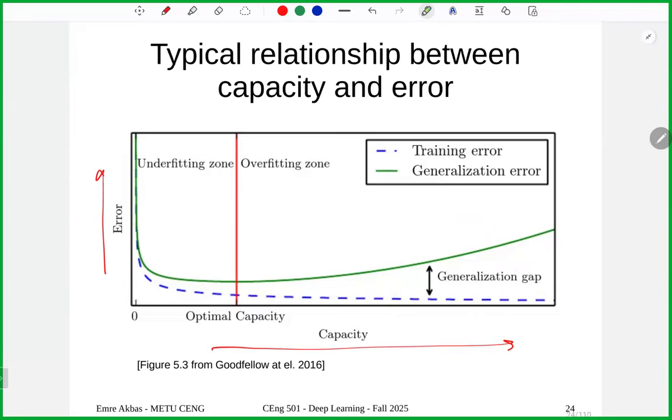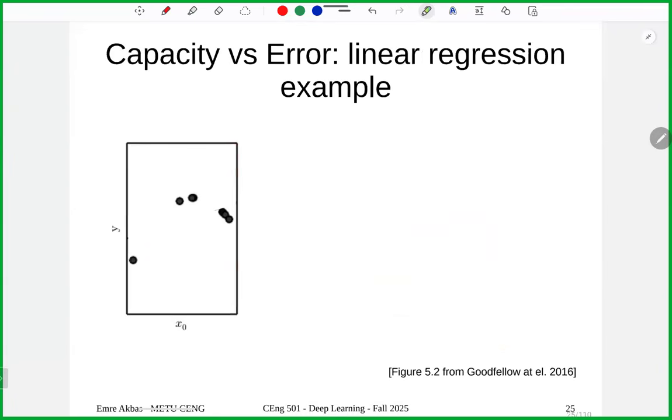I'm sure you have seen this a lot of times, but let's look at a simple linear regression example. Let's say we are given these 5 or 6 points on a two-dimensional plane. If you want to fit a function to this, you can choose to fit a line, and that line would be like this.